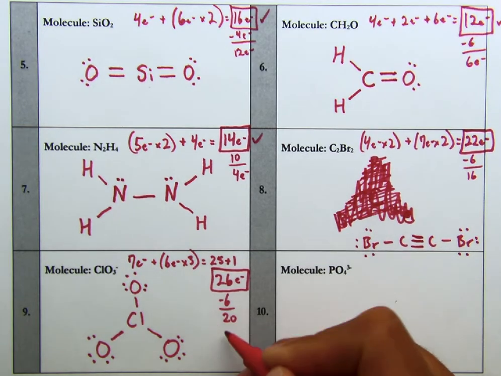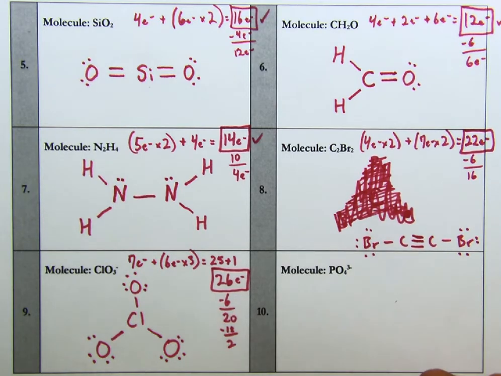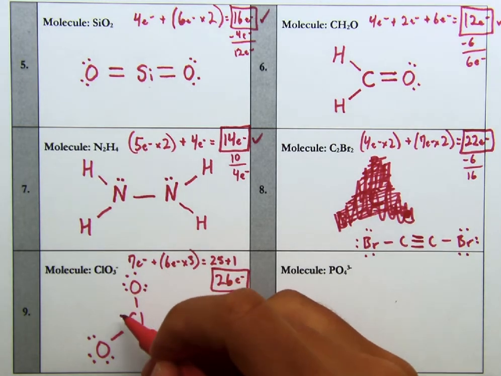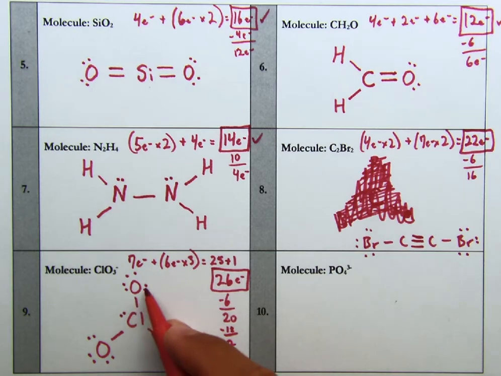That's used up 18, and there are 2 remaining. Those 2 are going to go on the chlorine. They all have 8, and the total is 2, 4, 6, 8, 10, 12, 14, 16, 18, 20, 22, 24, 26.